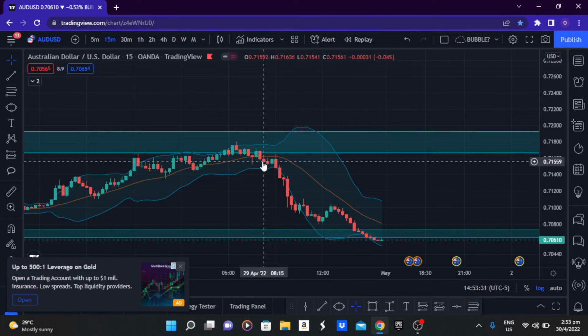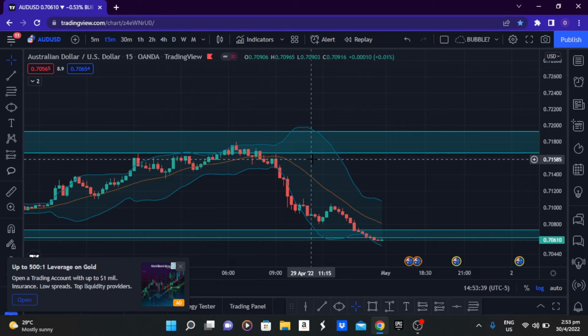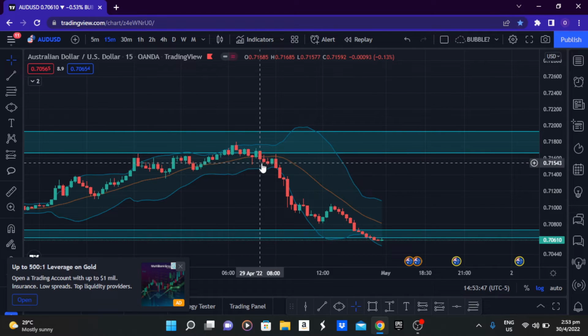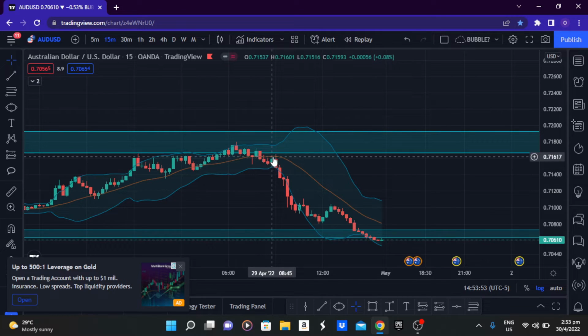All right, we can see where it broke below the SMA right here. Then it made another retracement to break above this candle, but it was rejected and it closed below the SMA. We can also see where price made a retracement back to the SMA line right here, and it also made a rejection.